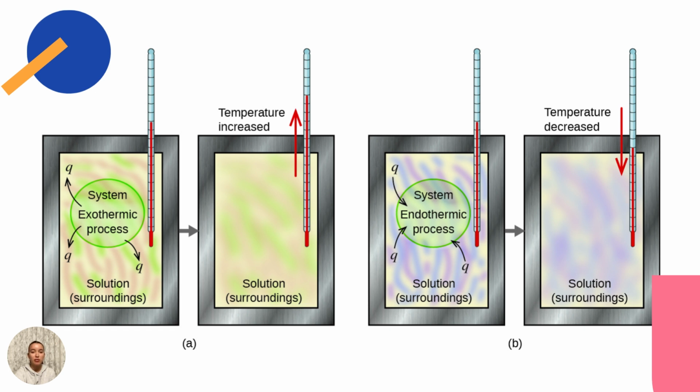But in the second example, we have the heat being required and then absorbed, so Q is shown with some arrows going inside the system, saying that we are asking for heat from the surroundings to the system. The heat is entering the system, meaning that we will have a lower temperature in the solution or the surroundings, meaning that the temperature is going to go down or decrease. And this is shown by the thermometer, and that is why we have what we call an endothermic reaction.